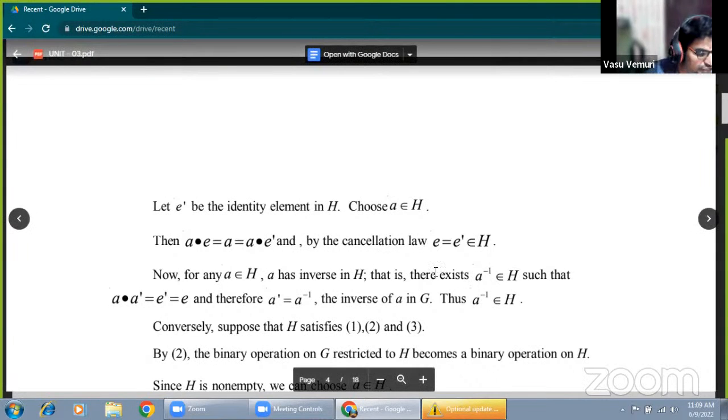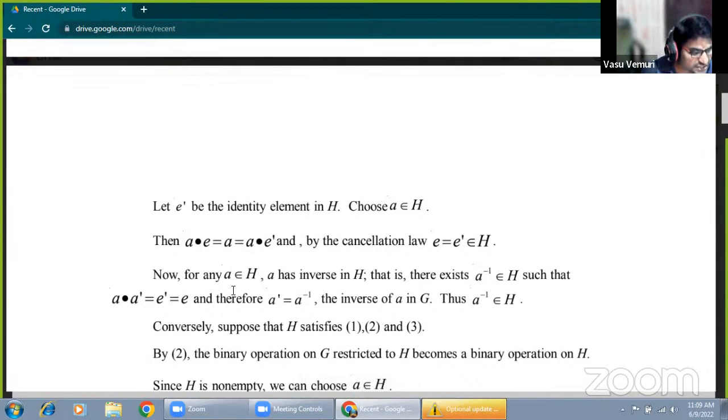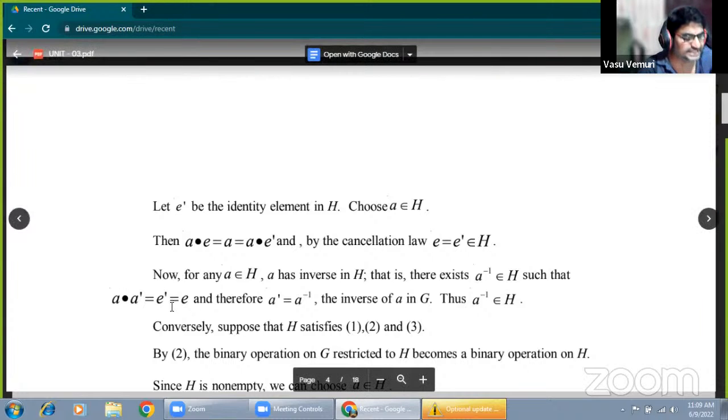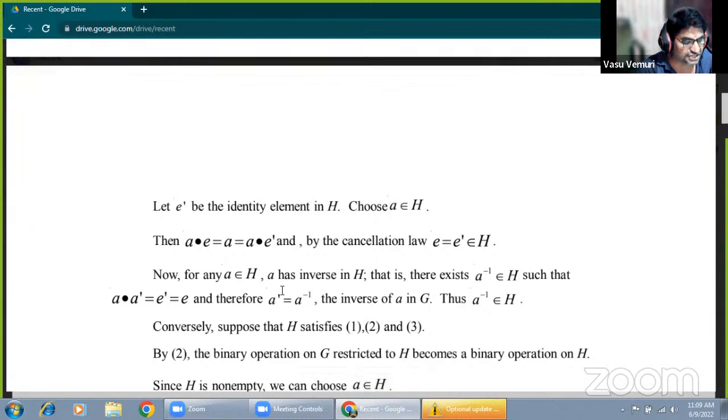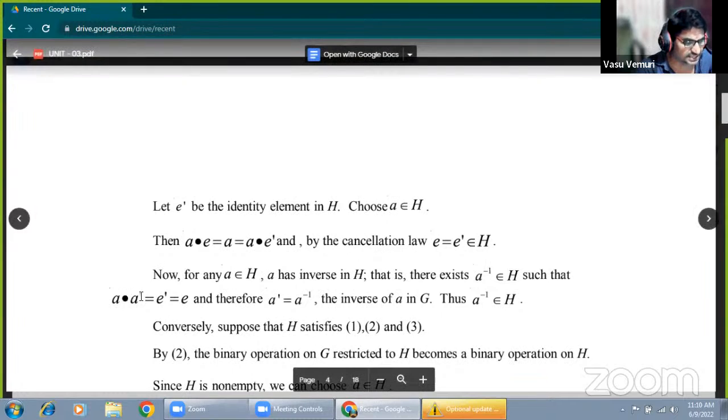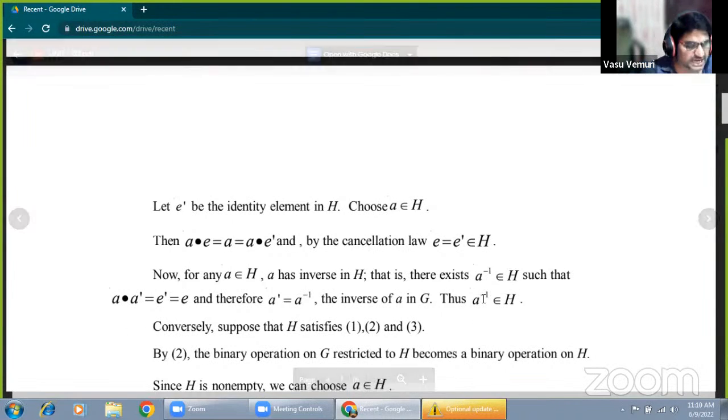That's why A into A inverse equals A inverse into A equals the identity. Therefore A inverse is the inverse of A. Therefore, every element in capital H must have its inverse within the same non-empty subset.